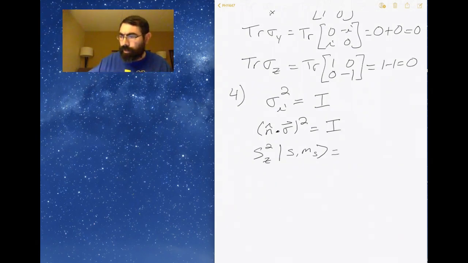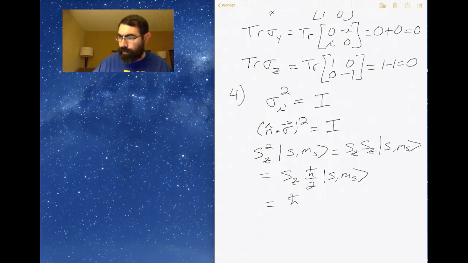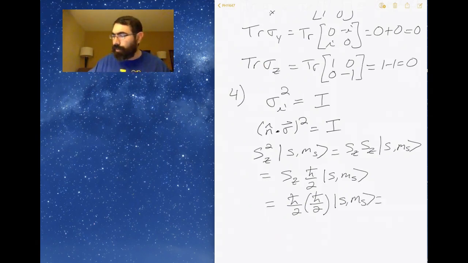So it should be equal to, so that's S z, h bar over 2, and then I get the state back again, which is equal to h bar over 2 times h bar over 2, and I get the state back again. So basically the eigenvalue is h bar squared over 4.